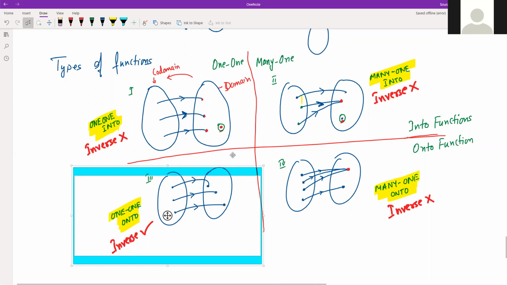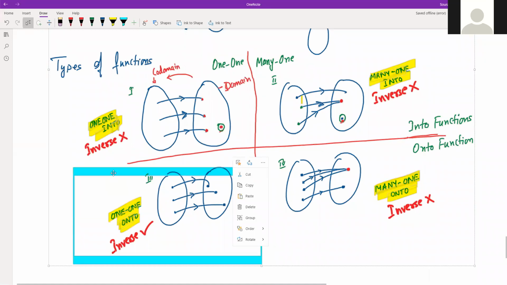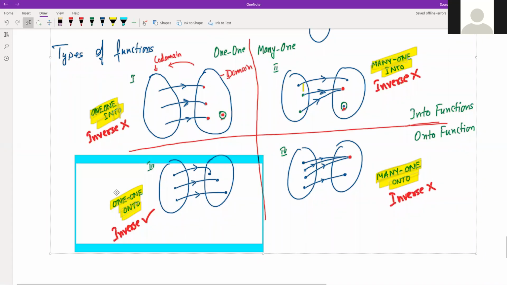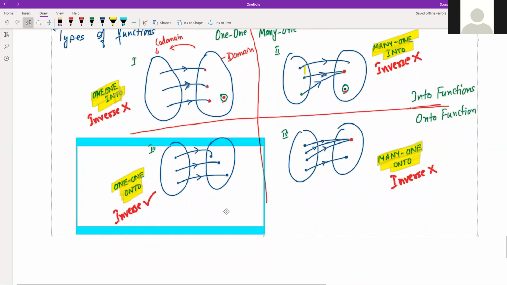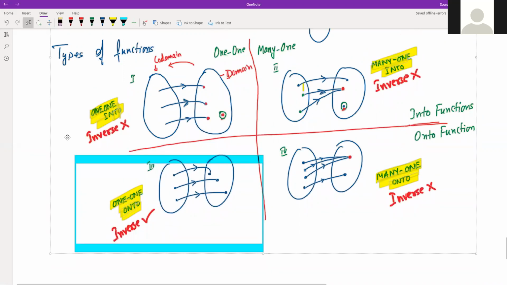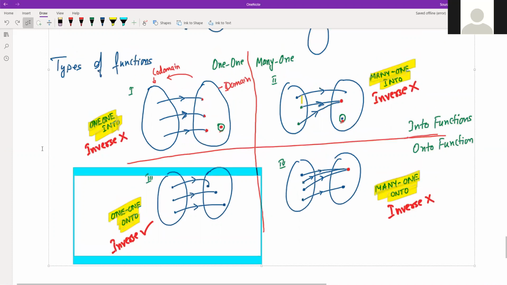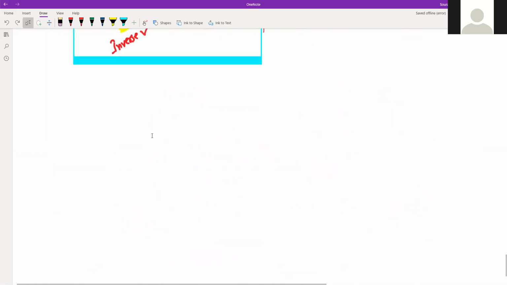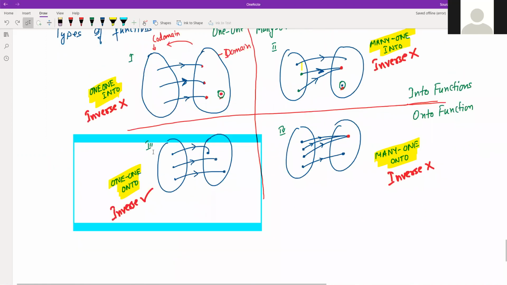So that's why this is an important classification. Okay, so that is about different types of functions and why these types are important. So in that we saw that the one-one onto is an important type, and that is very important for us.